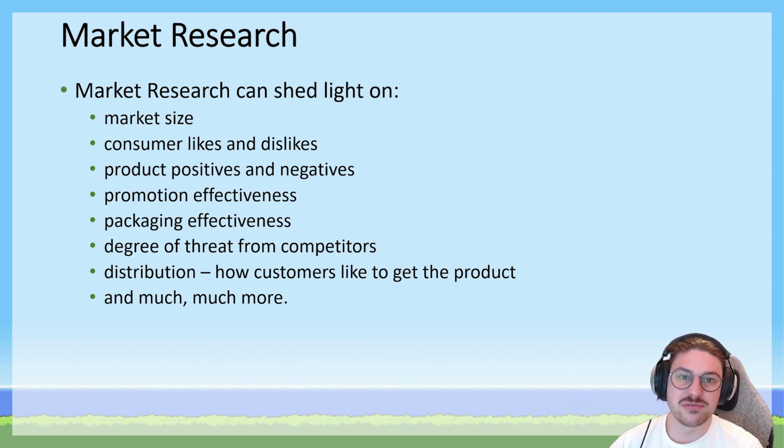There might be a strong preference for demonstrating corporate social responsibility with regards to environmental considerations. There might be a strong preference for businesses not being involved in politics at all. Whatever it is, when it comes to consumer likes and dislikes, that's the sort of information you can learn from market research.